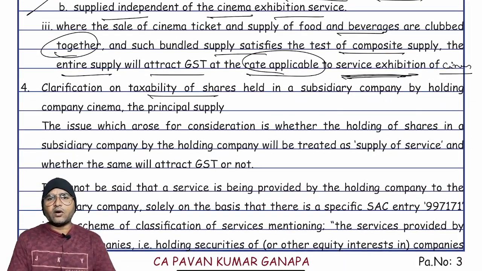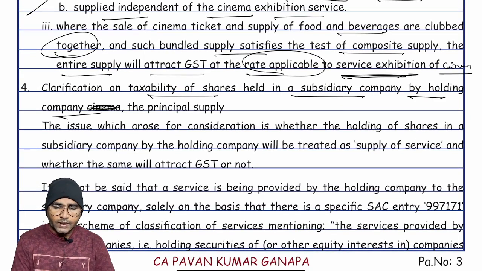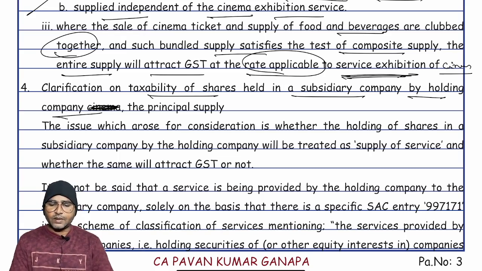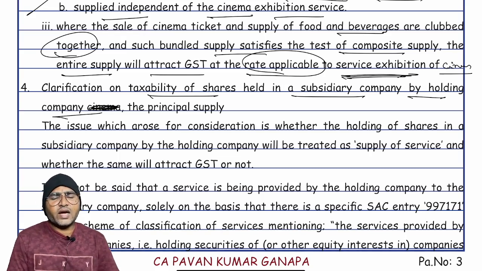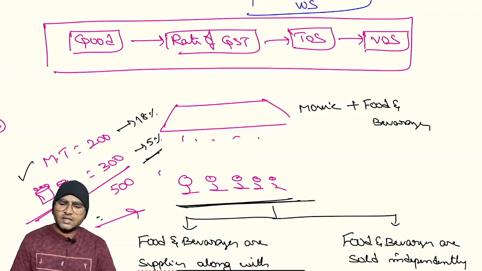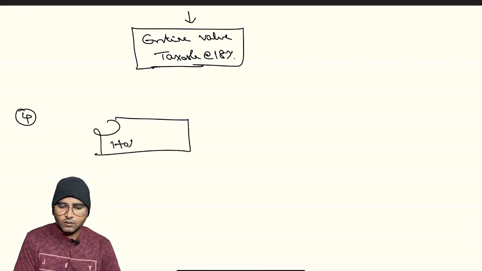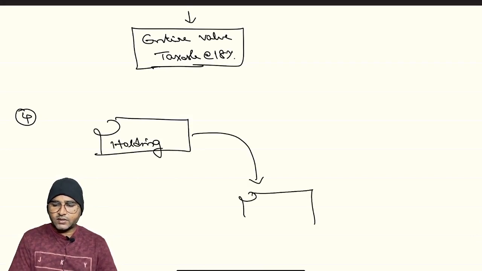clarification on taxability of shares held in a subsidiary company by the holding company. Now the principal supply. Actually, where a holding company holds shares in a subsidiary company, can you say whether there will be any supply of service? Suppose this is the holding company holding shares in the subsidiary.